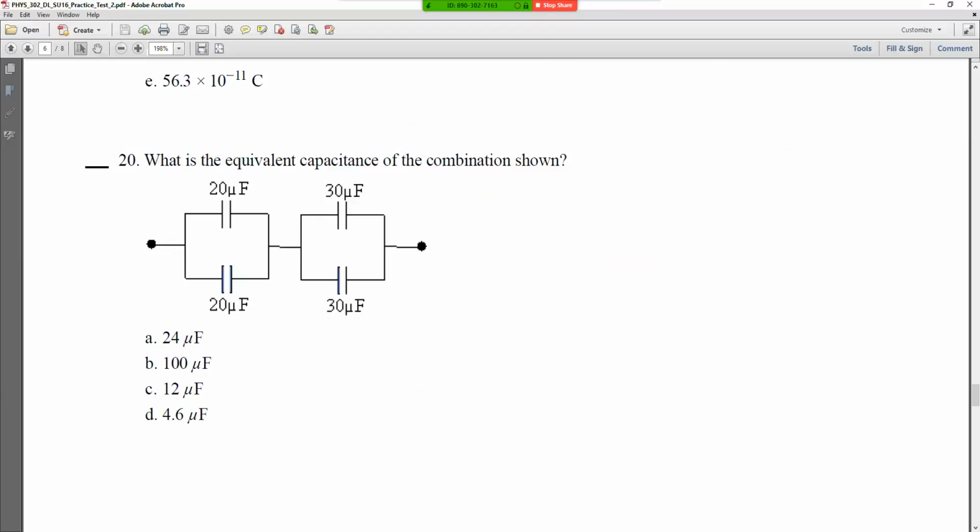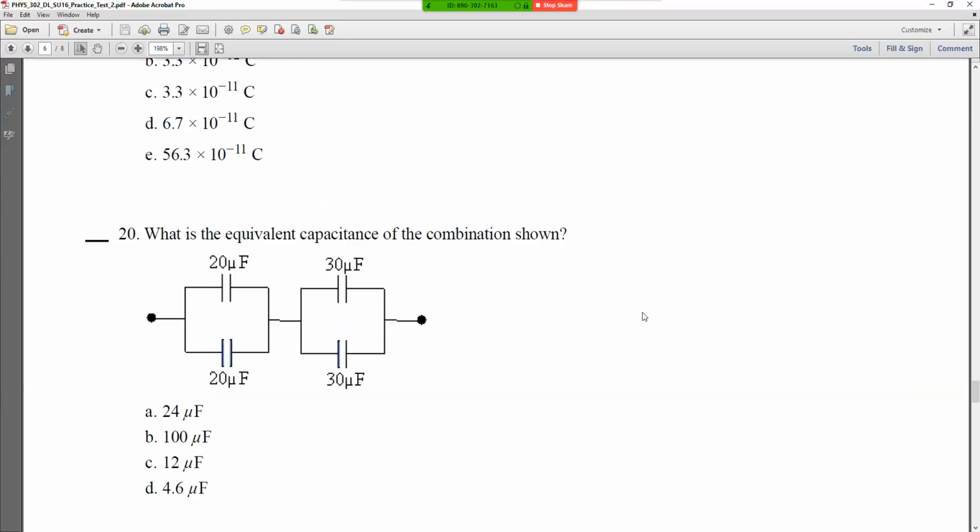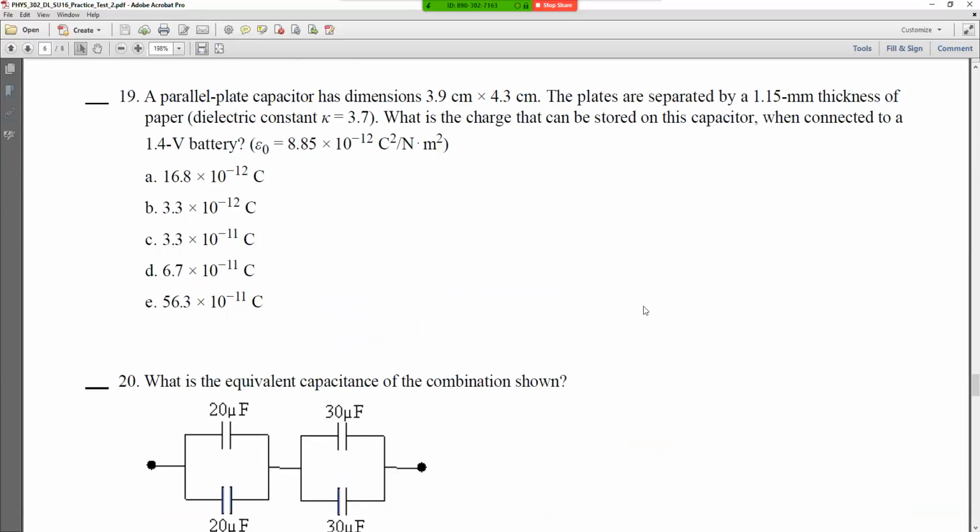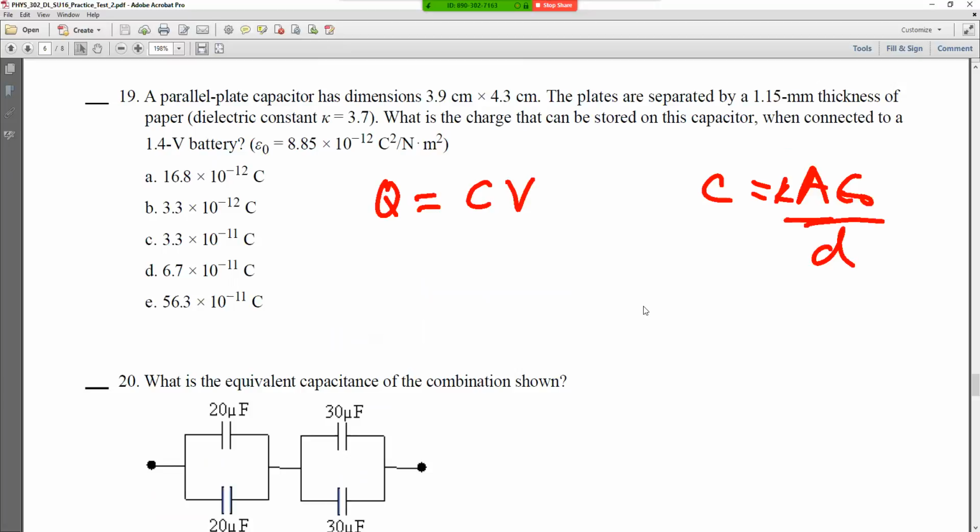Okay, Dr. Long, for 19, did you want us to use this Q equals C times V or the C equals the dielectric constant times that one? Q equals C times V. And C is kappa A epsilon naught over D. So you calculate C from here. V is given directly.